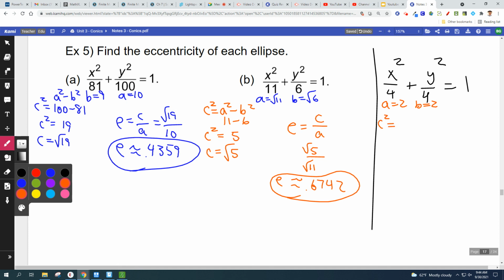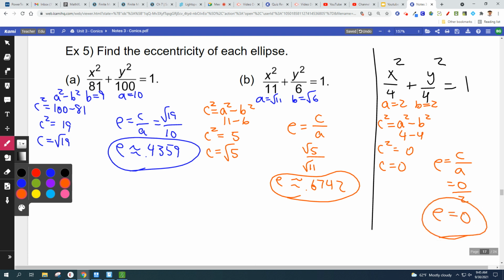So if I try to do the same formula, A squared minus B squared, that's going to be 4 minus 4 is 0. So in this case, if C squared equals 0, that means C equals 0. And my eccentricity formula, C over A, is going to be 0 over 2. So E equals 0. So it looks like an eccentricity of 0 is a perfect circle.